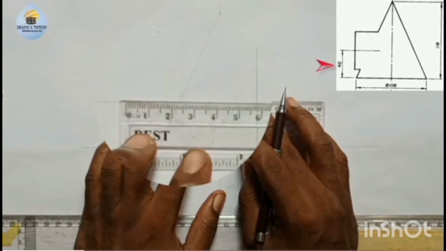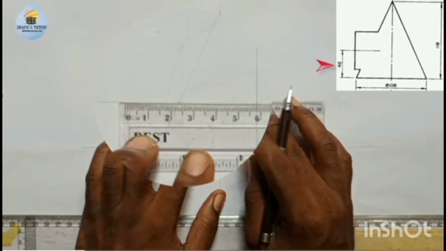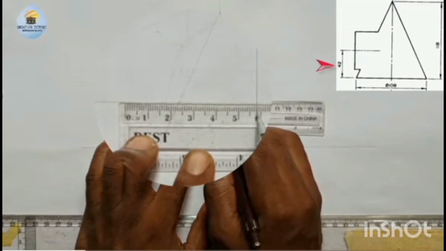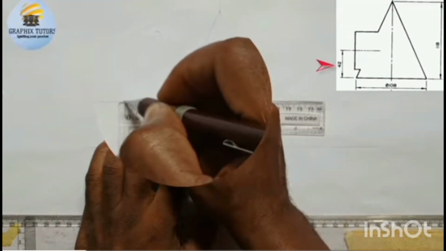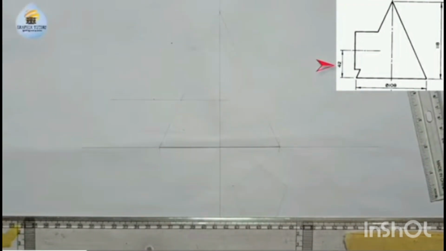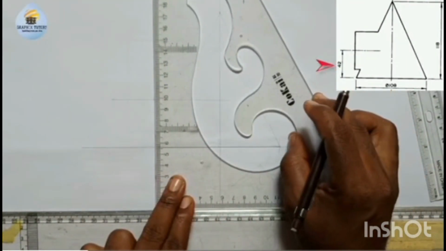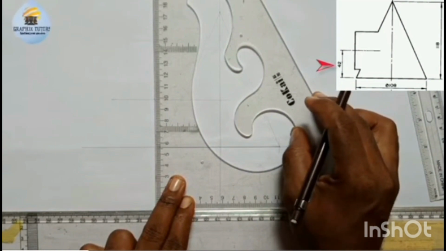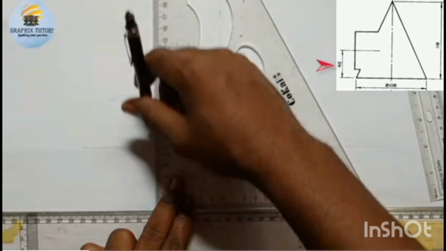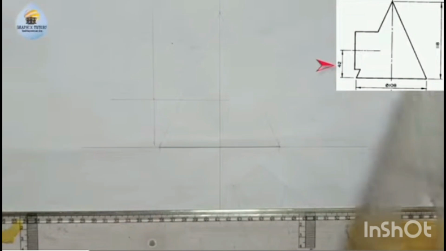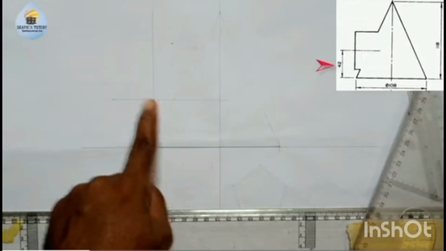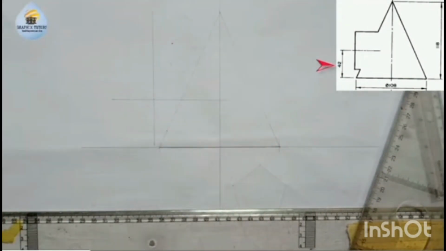So at that point, if you are not given any distance, you just draw your vertical line this way. You can see that at any given distance. If you like, you can come here, but if you are given, you measure.